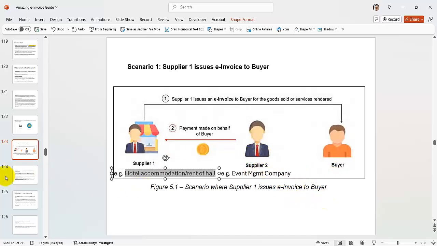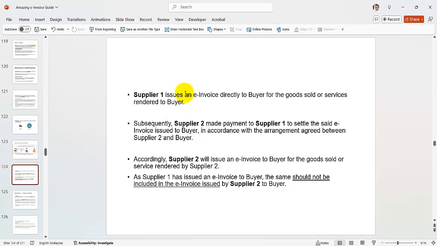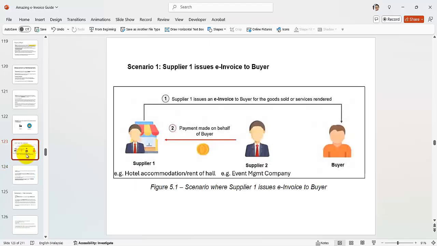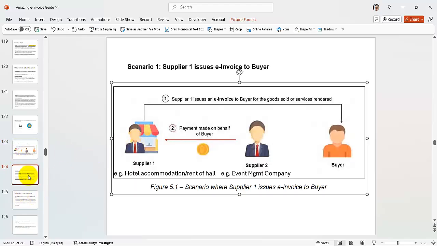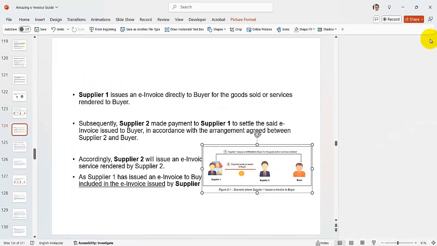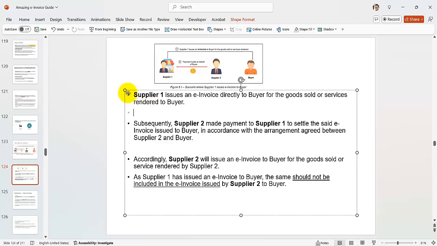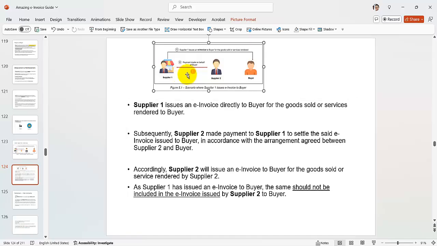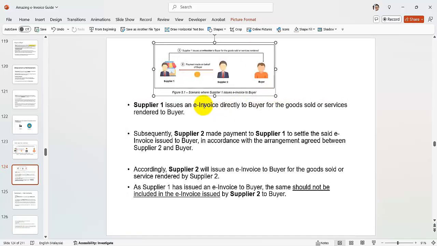So of course it will be different. Supplier one issues an e-invoice directly to the buyer for the goods sold or rendered to the buyer. The e-invoice from supplier one is issued directly to the buyer.